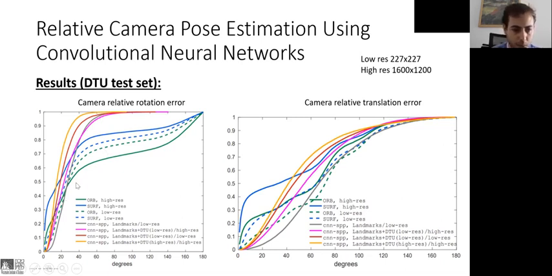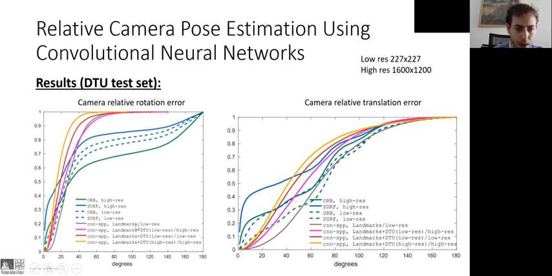So if we look more deeply, ORB features, which are measured in the green curve, are less accurate than the SURF features. By the way, I'm not sure why they did not use SIFT feature correspondences. SURF with high resolution performed most accurately, but again, not so accurate on challenging cameras.